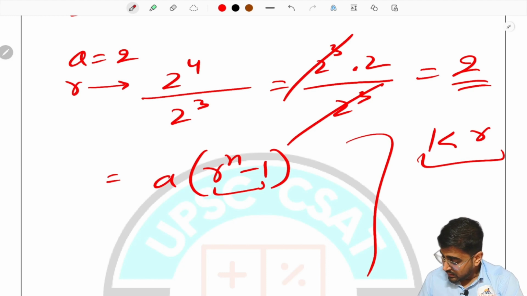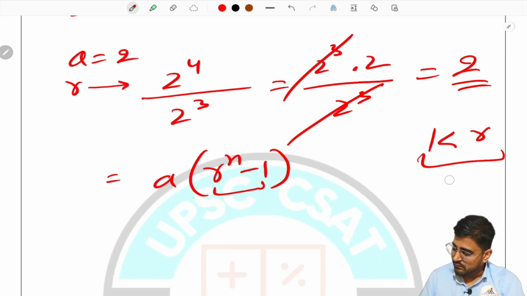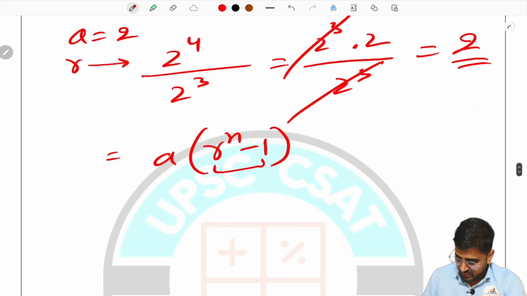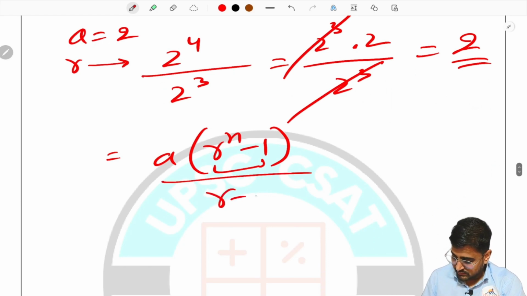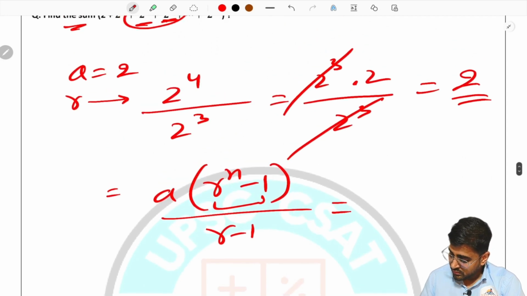If R is the smaller one, then this becomes reversed, 1 minus R^n. That's the concept. Quick revision. Now put the values. What is a?